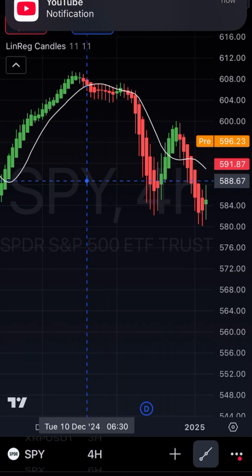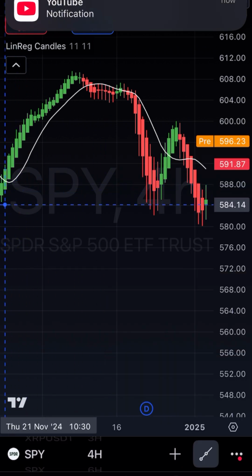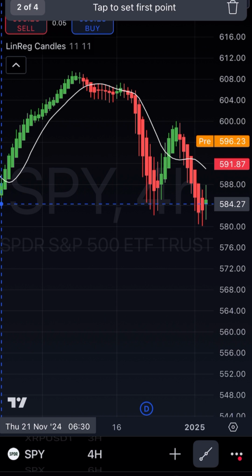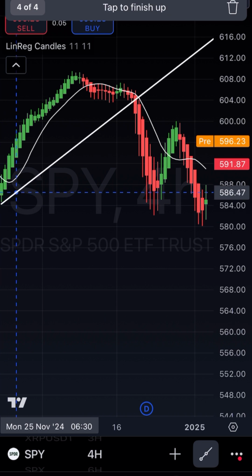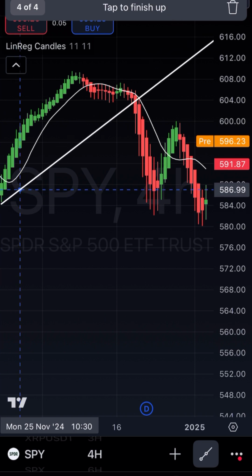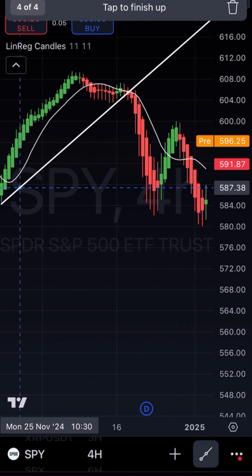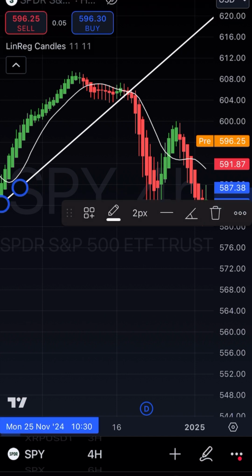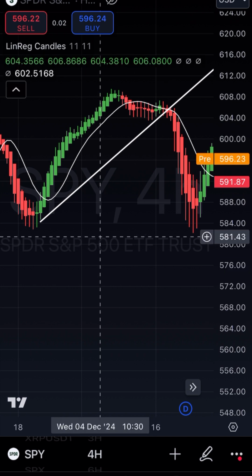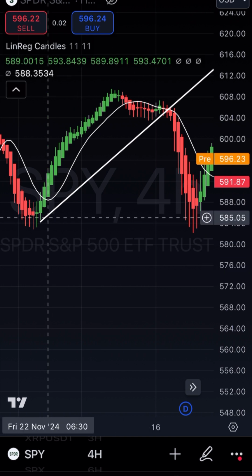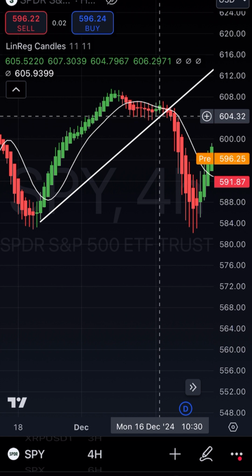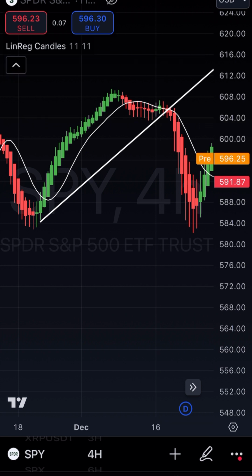So basically what you want to look for is two connect points. We see one right here, and you want to connect it. You want to make sure another wick touches it. So we see the touch point here, and then we see a touch point up here. So this is a trend line.